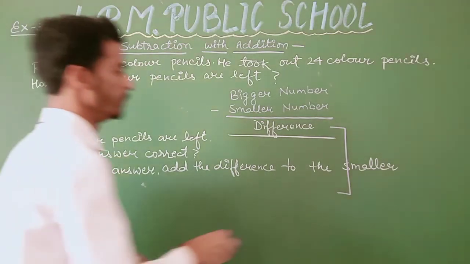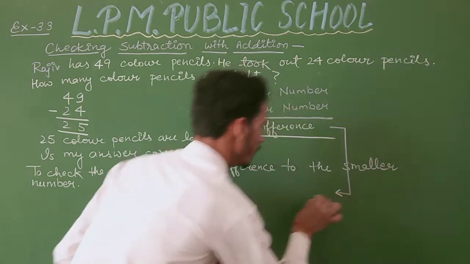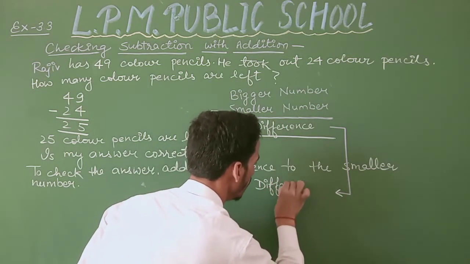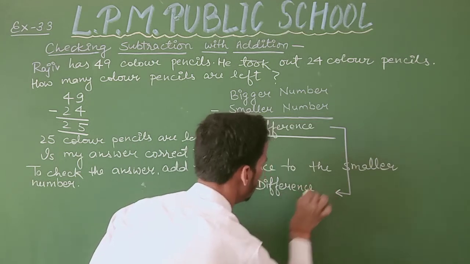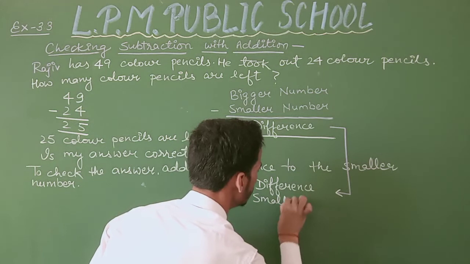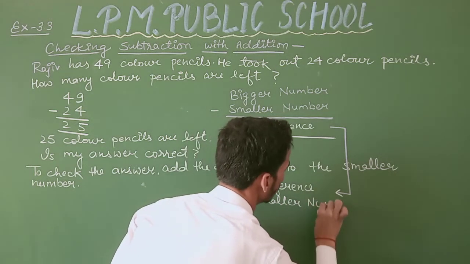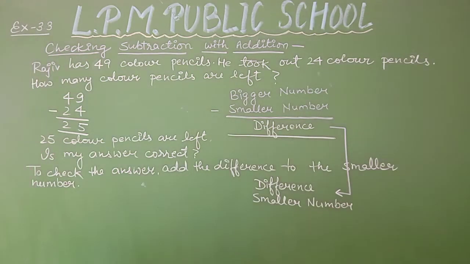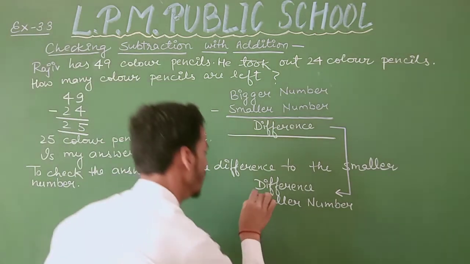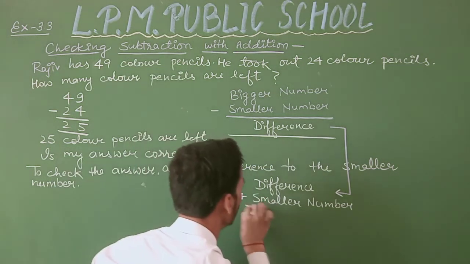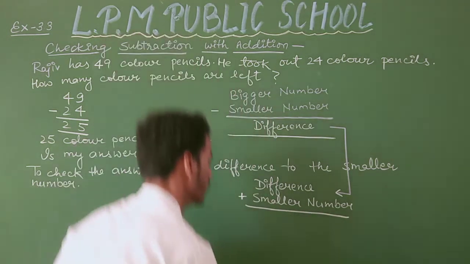The formula will be difference plus smaller number, that is the bigger number.